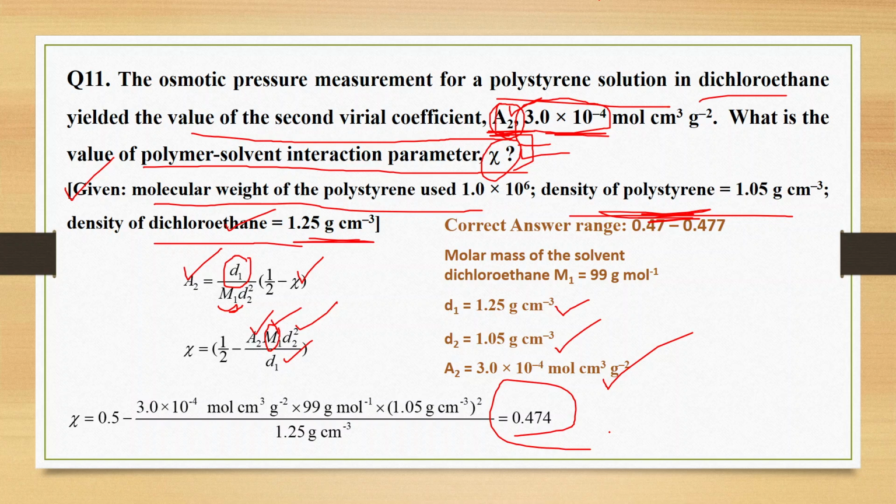So just tell me one thing that is not included: what kind of solvent is this dichloroethane for this particular polystyrene polymer? You have your chi value, right? If we all have understood the problem that we have discussed earlier about chi, then you should be able to say what kind of solvent dichloroethane is for polystyrene, from the chi value.